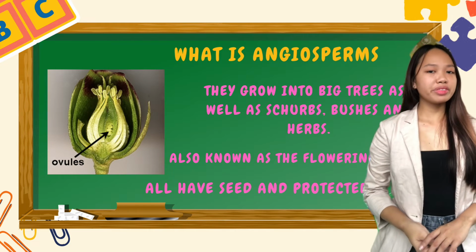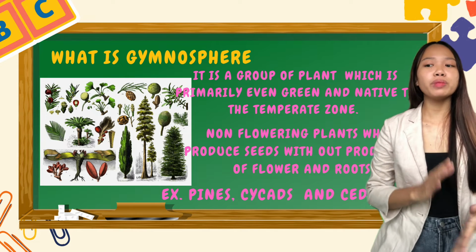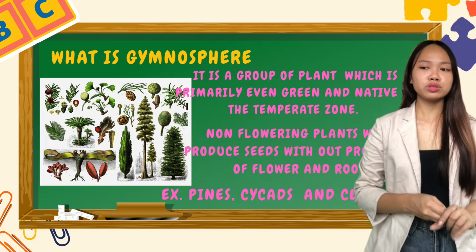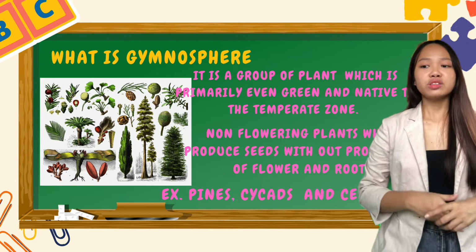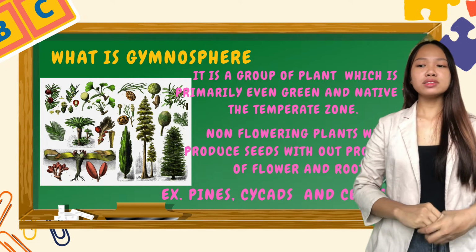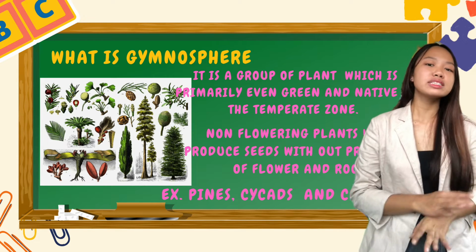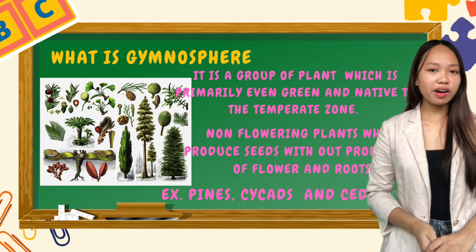We also have the gymnosperms. Gymnosperms are a group of plants which are primarily evergreen and native to the temperate zone. They are vascular non-flowering plants which produce seeds without the production of flowers and fruit. For examples, we have pines, cycads, and cedar.